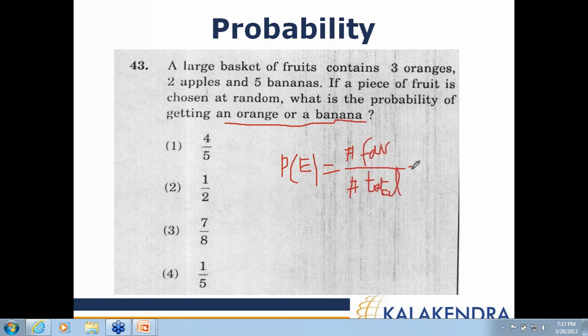And the number of fruits that are favorable, if you're trying to find the probability of getting an orange and a banana, is actually 8, because you've got 3 oranges plus 5 bananas. So if you get that, then you know that your correct response is 4 upon 5. So I'll wait for a minute for you, Prakash, to let me know if it is clear at this point in time.